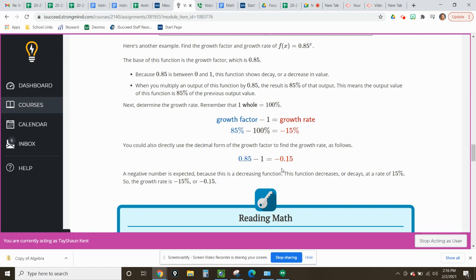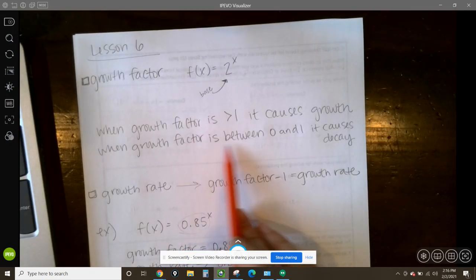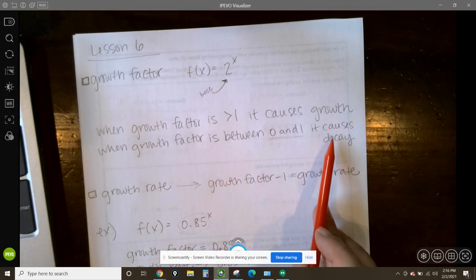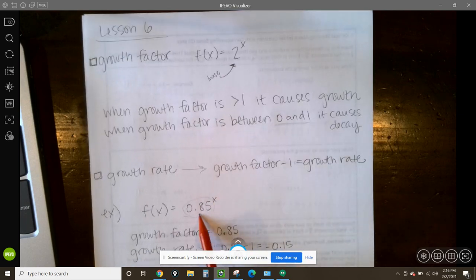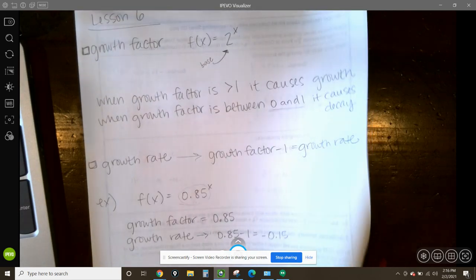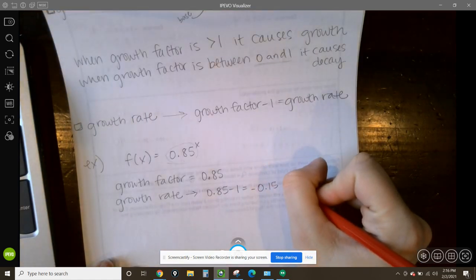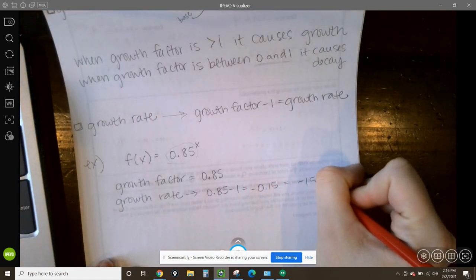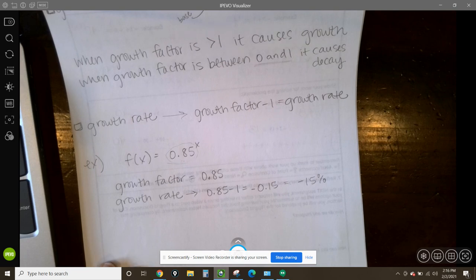And we know it's negative because it's going to be decay. Remember where we wrote down that if the growth factor is between 0 and 1, it causes decay. And since this number is between 0 and 1, we know it's going to be decay. So the growth rate was negative 0.15, or you could write that as negative 15% if you want to write it as a percentage.